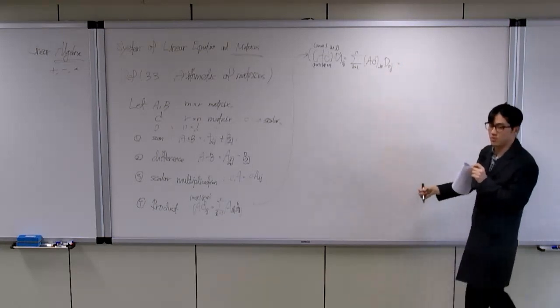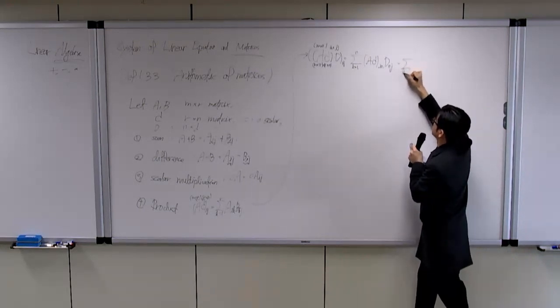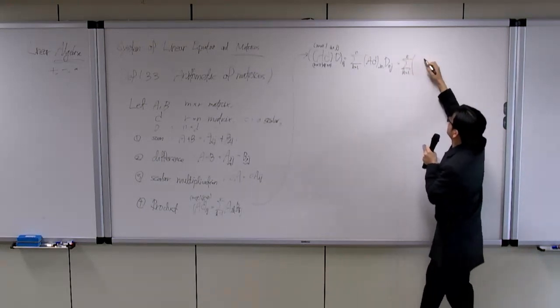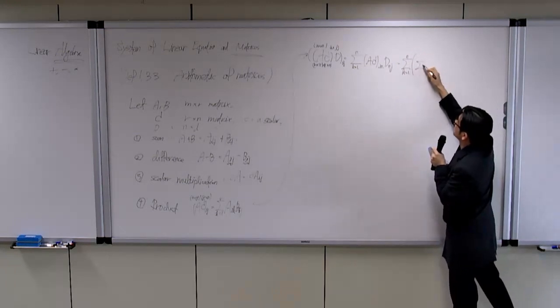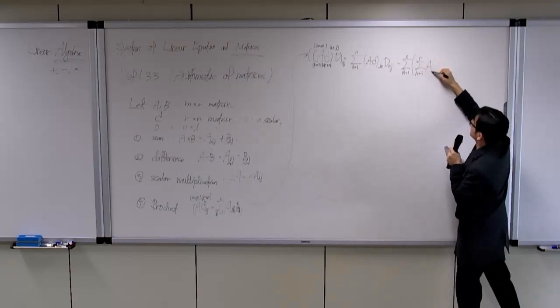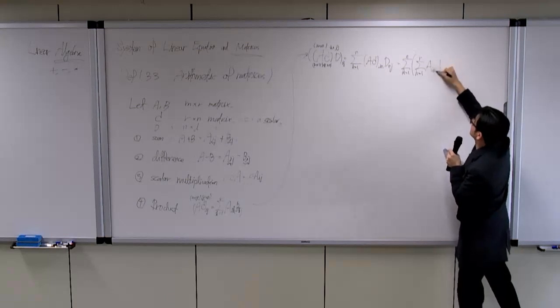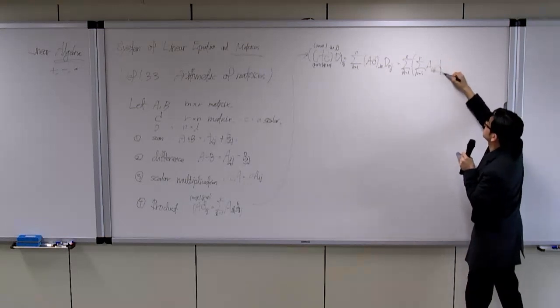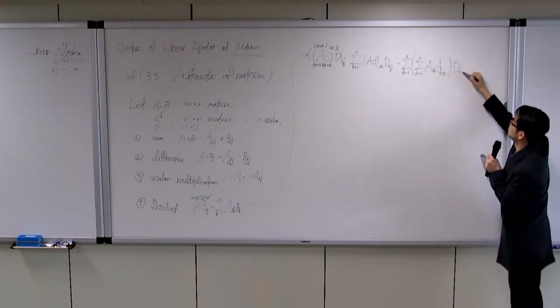So by the definition, we will write like this: the sum over H of A I H, C H N, multiplied by D N J.